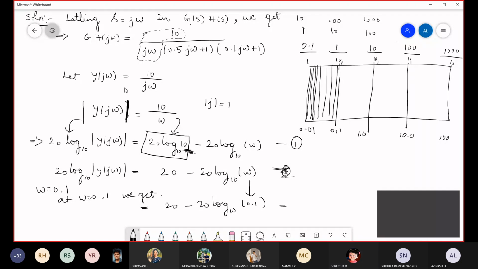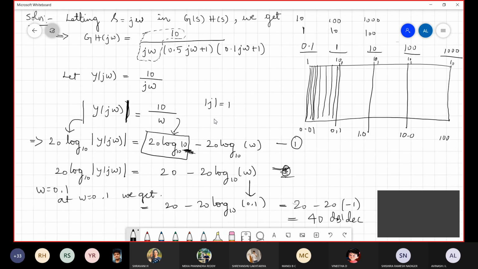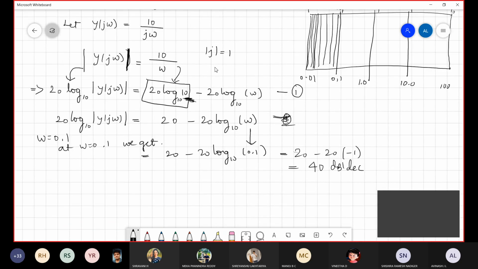-1, sir. -1, very good. So here we will get 20 minus 20 of -1, minus into minus plus, so you will get 40 dB per decade, correct? 40 dB per decade is the answer you will get, because log 0.1 to the base 10 is -1.